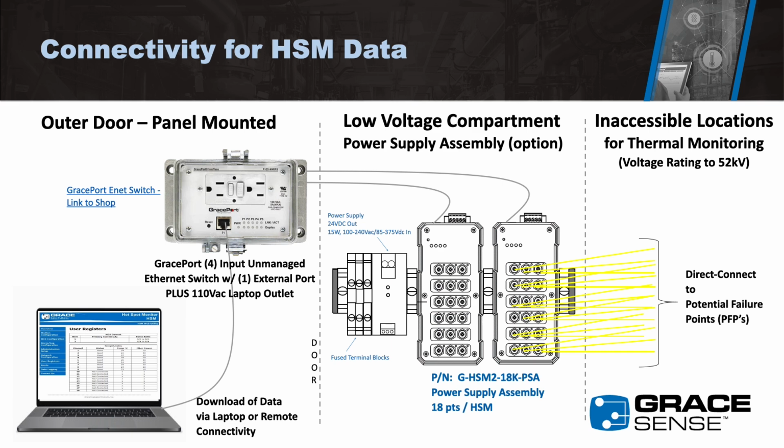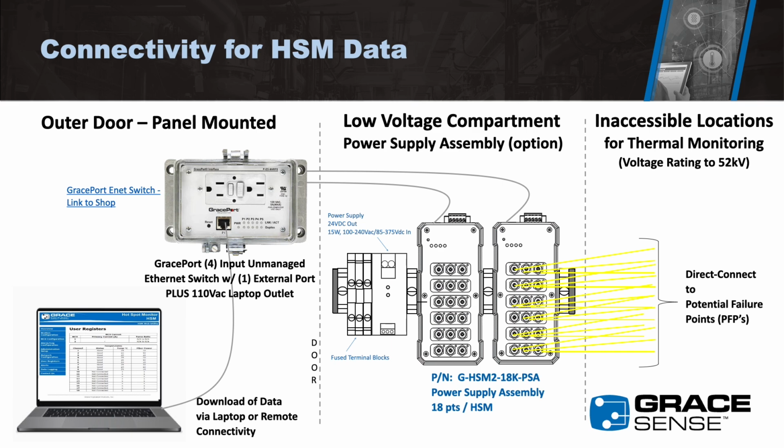So they added the Grace port. If they did not have the ability to network it via the cloud, they know that this unit is logging memory, it's got memory, it's logging the data in intervals, and then they're able to download it to their remote laptop. So as they get up to the outdoor, unmanned substation, they're able to plug right in, download the data, and then come back in a month, I think is what they did, on a monthly rotation.